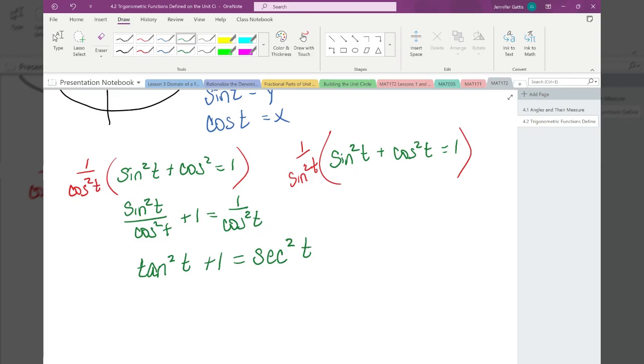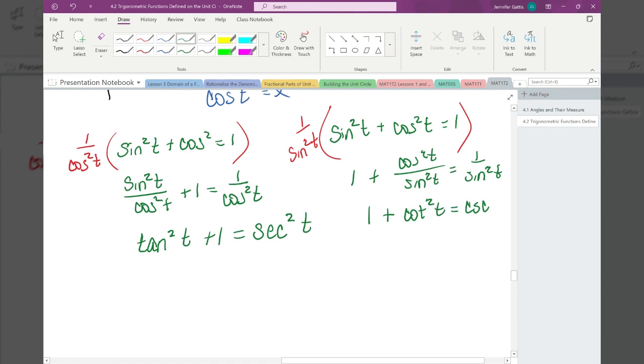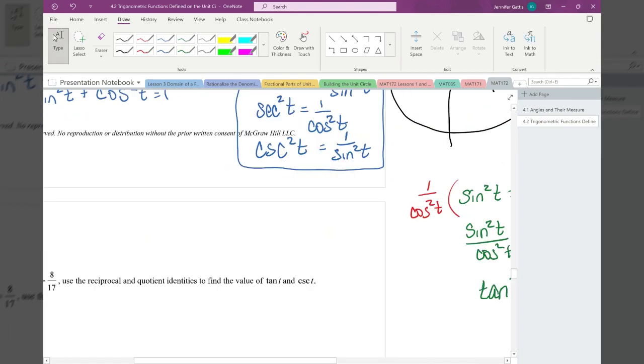That's going to give us 1 plus cosine squared over sine squared is equal to 1 over sine squared, which gives us 1 plus, and recall cosine squared over sine squared is cotangent squared, and 1 over sine squared, cosecant squared. And that's how we prove the other two identities.